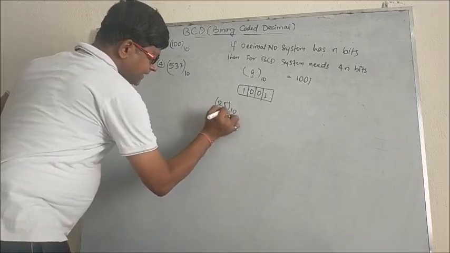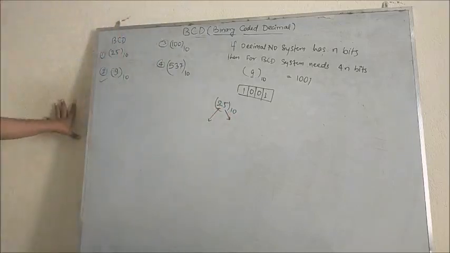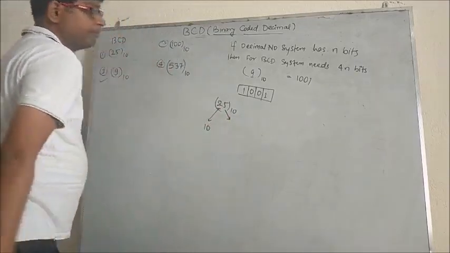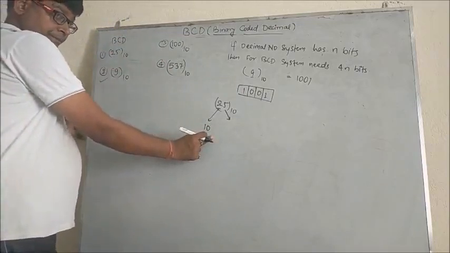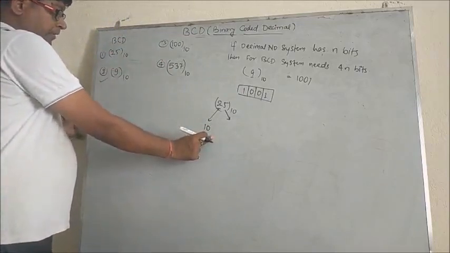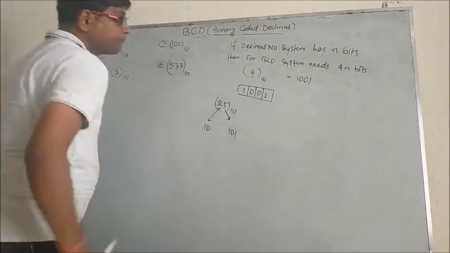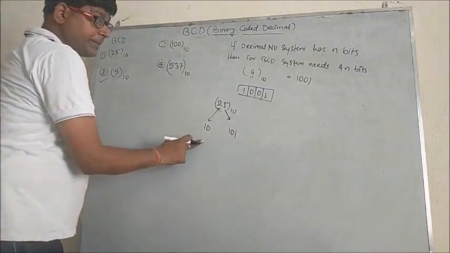Take out the BCD of 2 separately and the BCD of 5 separately, right? So what will be the binary equivalent of 2? 10, right? This is the binary equivalent of 2. What is the binary equivalent of 5? 101. But this is the binary equivalent, not BCD.